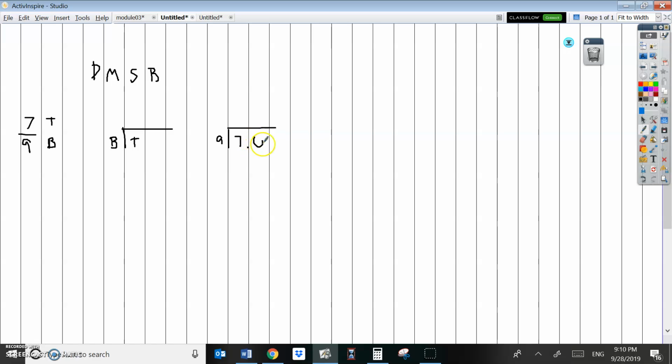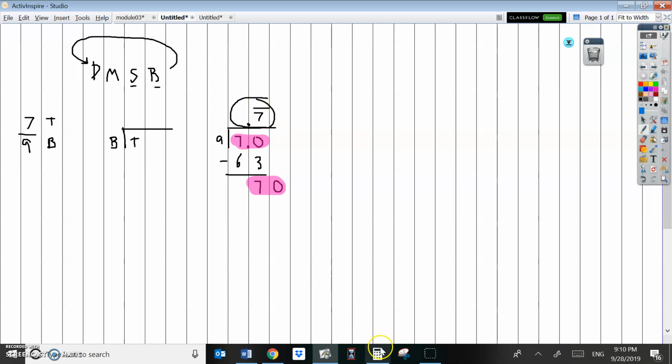Put in a 0. Bring your decimal up. Divide. How many 9s in 70? Well, 9 times what is close to 70? 9 times 6 is 54. 9 times 7 is 63. Now subtract, and we get 7, and bring down a 0, and then repeat. Okay, it's the same. This here is the same as this here, so you know that this is a repeating decimal.